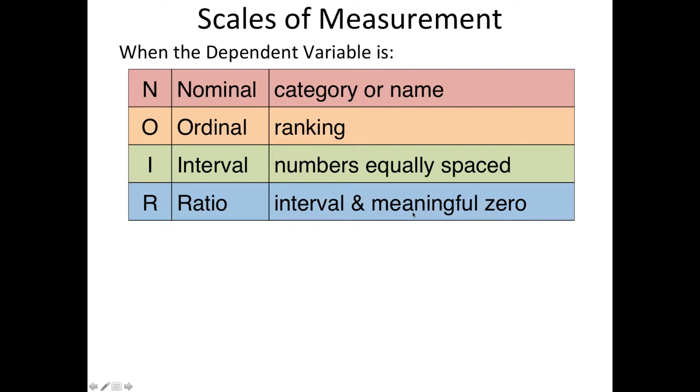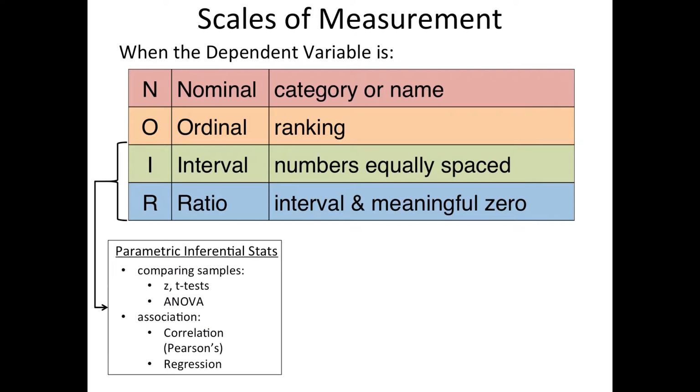And all the tests we've worked through for most of this semester, everything we've covered so far, are paired with research designs where the dependent variable is either interval or ratio, what we have been calling scale variables. Those types of tests are called parametric inferential tests.